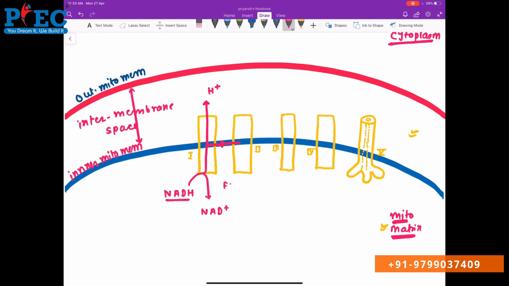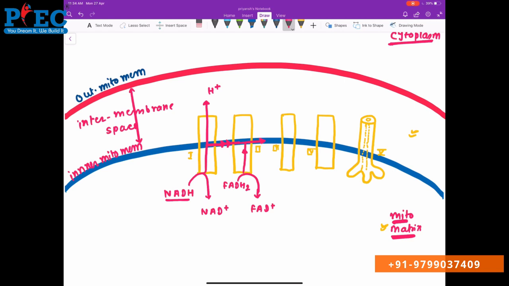On complex 2, an FADH molecule will attach and will convert into FAD. Again the hydrogen ions are taken and will come into complex 2. The hydrogen ions coming from complex 1 and the hydrogen ions coming from complex 2 will both be diverted towards complex 3.